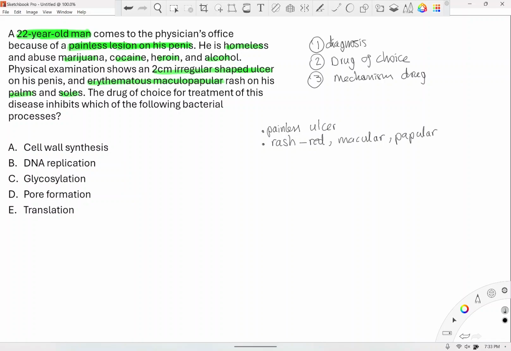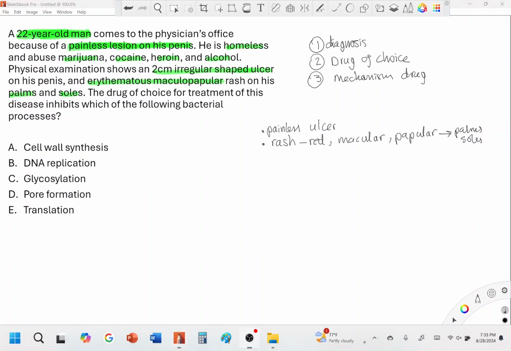That's the rash. And where is this rash? Palms and soles. Out of all the STDs that we know, like herpes, granuloma venereum, and syphilis. What else is there? Okay, so out of all of those, this is most likely syphilis.